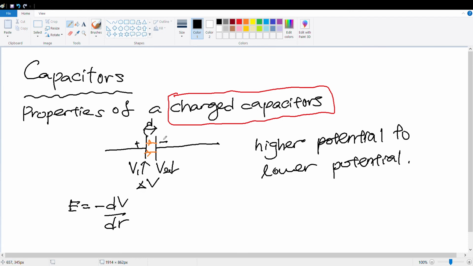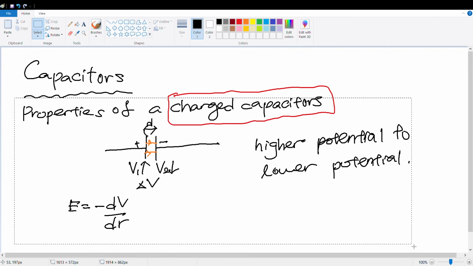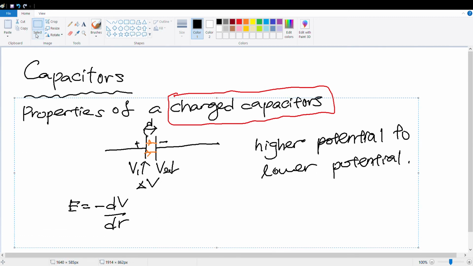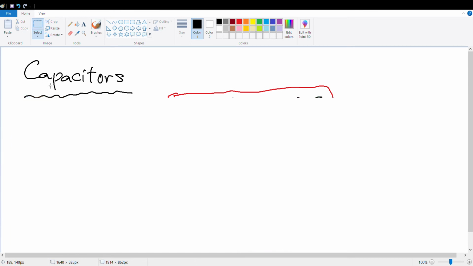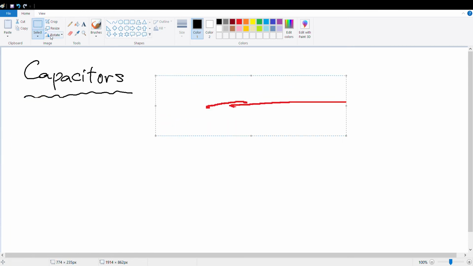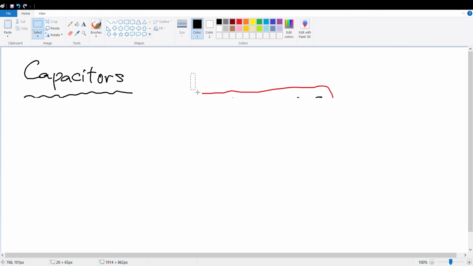So this is the explanation. Okay, so we're done for these properties. These are the main properties of the capacitor, which are used to describe the function of the capacitor. Alright, let me just erase this one.